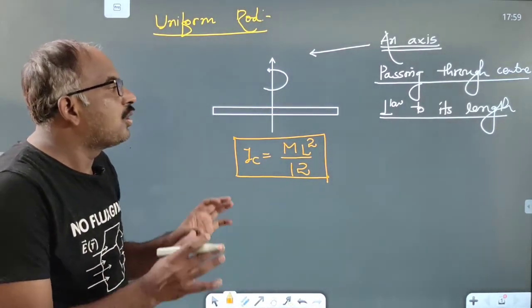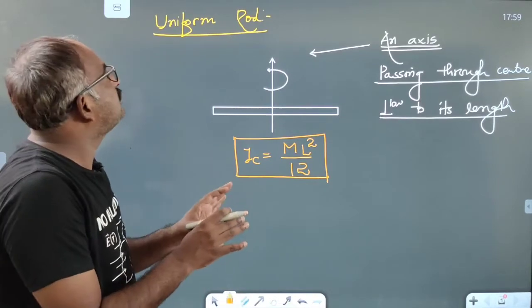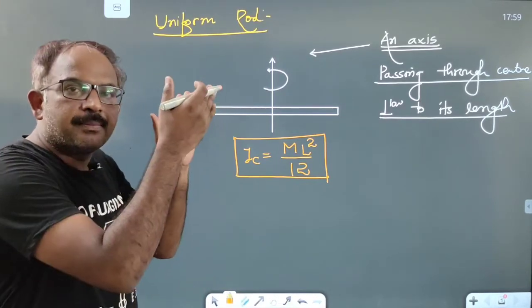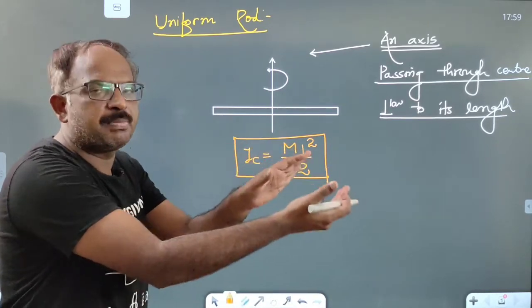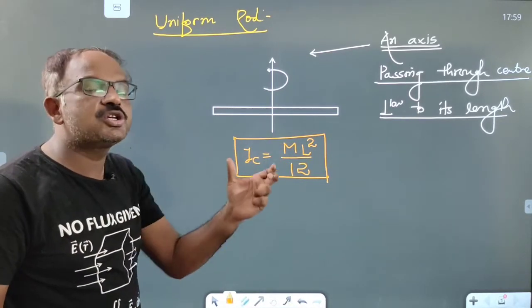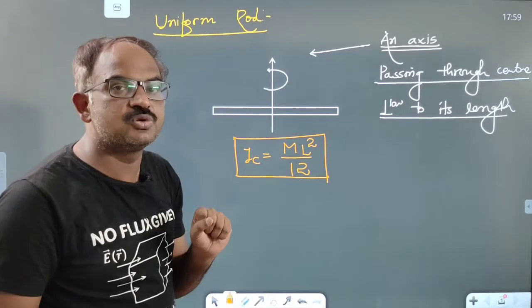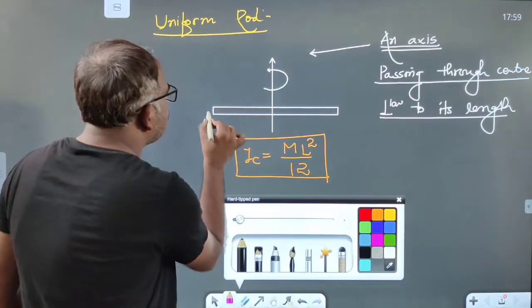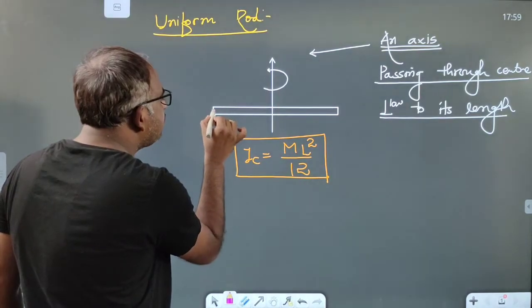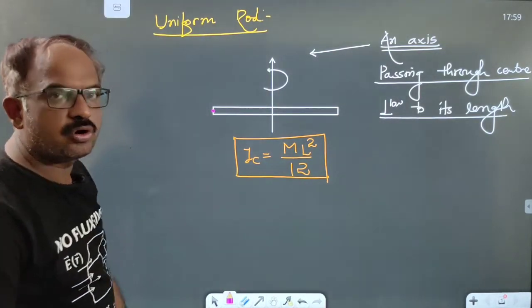Now our purpose is to learn about applications of the theorem on parallel axis and the theorem on perpendicular axis. ठीक आहे. Application of theorem on parallel axis आपल्याला समजून घ्यायचं आहे. Let us consider a point which is at the edge of the rod.